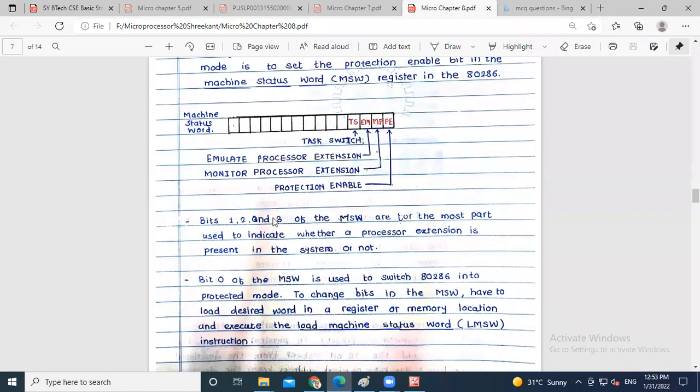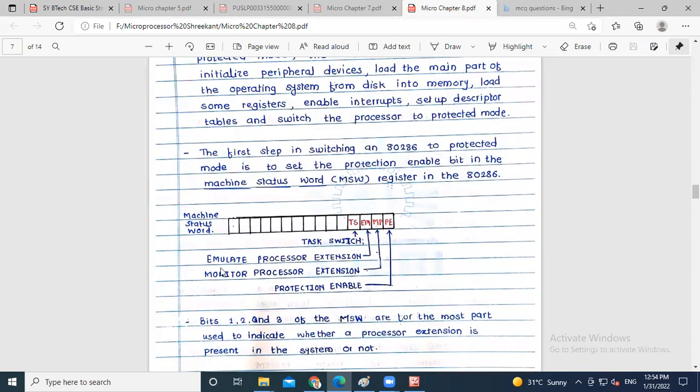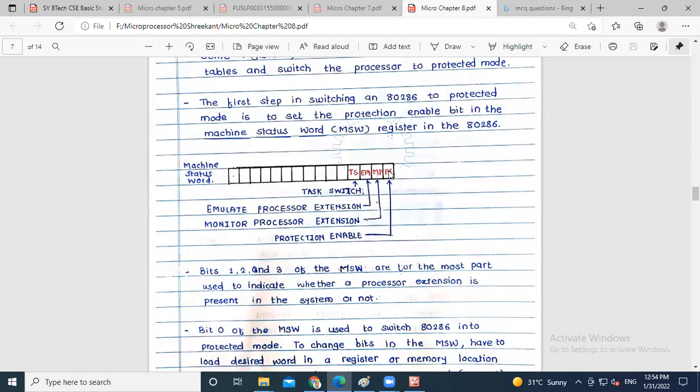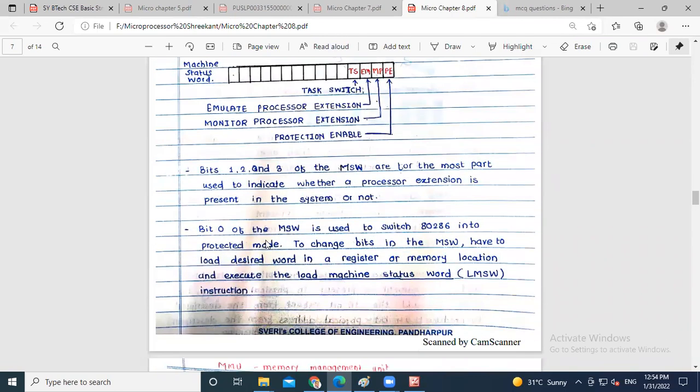Bits 1, 2, 3 of the MSW are for the most part used to indicate whether the processor extension is present in the system or not. And bit 0, the protection enable bit of the MSW, is used to switch the 80286 into protected mode.